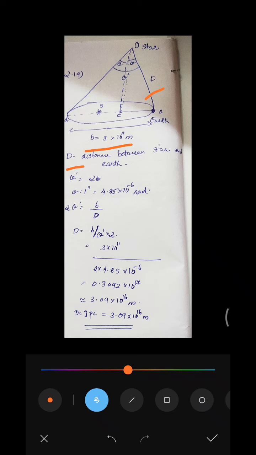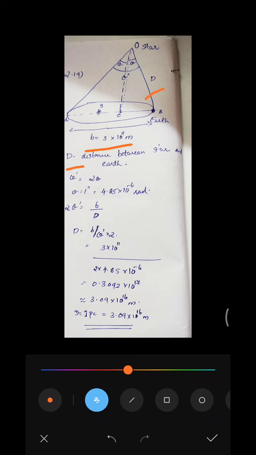Actually the theta dash is the angle if the observing point's distance is equal to small b. But we have to find D in terms of parsec. Parsec is the distance between the observer and the star. If the baseline means wherever the observer is looking from, that point's distance should be equal to the distance between Sun and Earth.